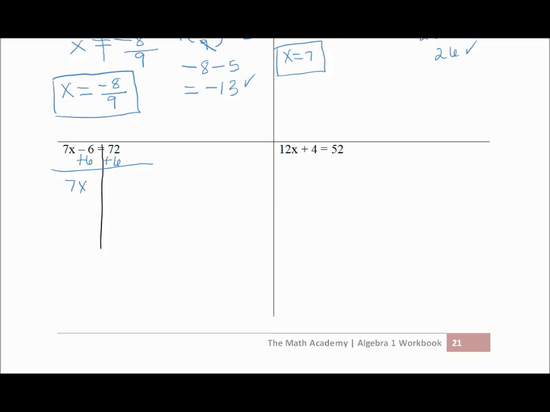Bring down what I have left, 7x. 6's cancel out. 72 plus 6 gives me 78. Now I'll divide both sides by 7. So that gives me x equals 78 over 7.